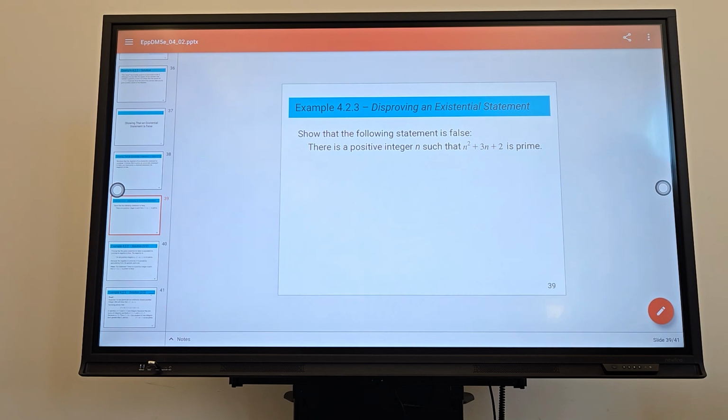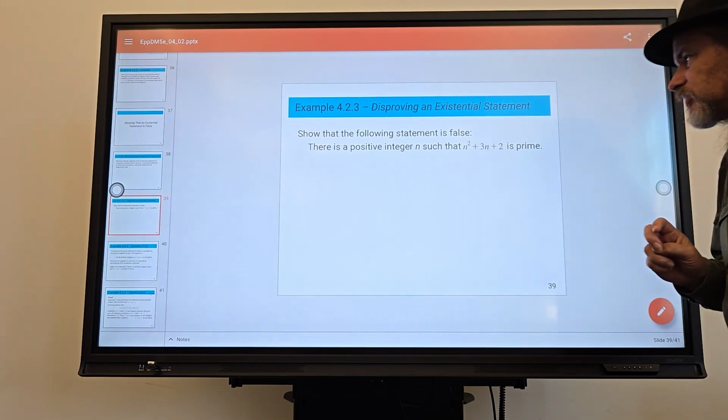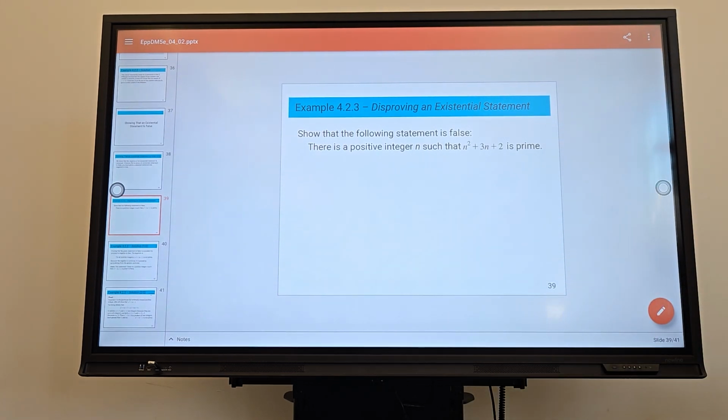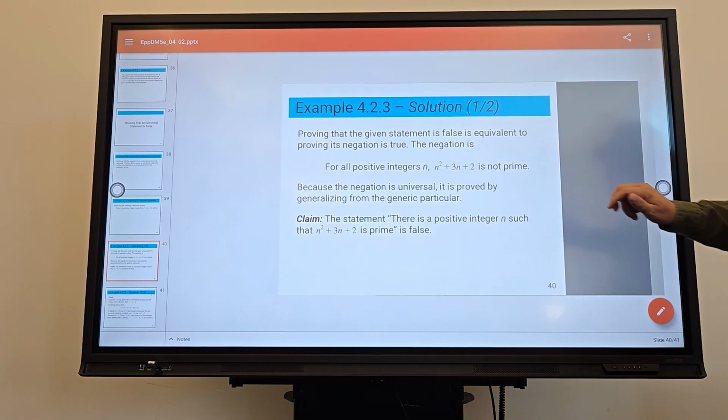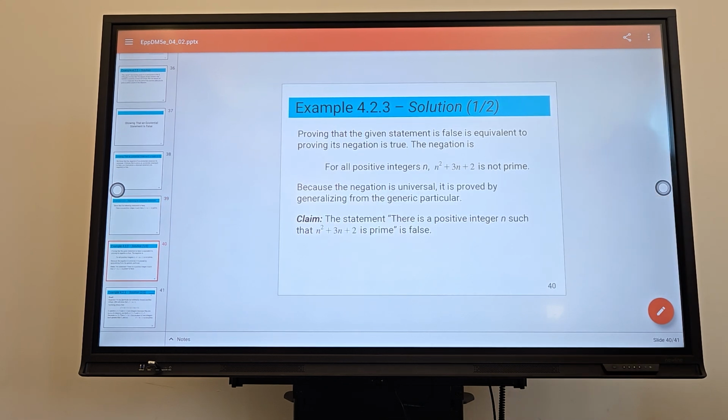Show that the following statement is false. There is a positive integer n such that n squared plus 3n plus 2 is prime. Well, proving that the given statement is false is equivalent to proving its negation is true.